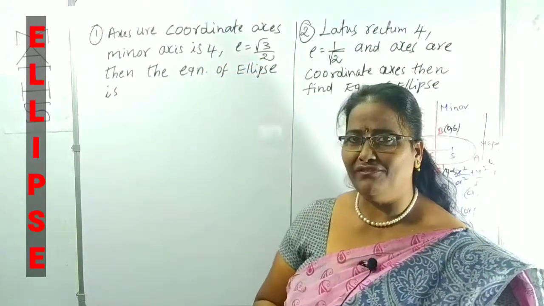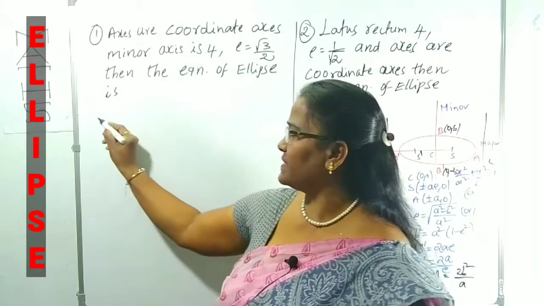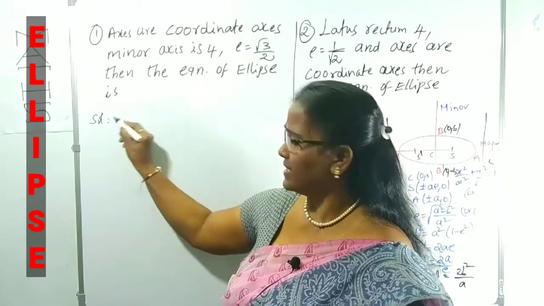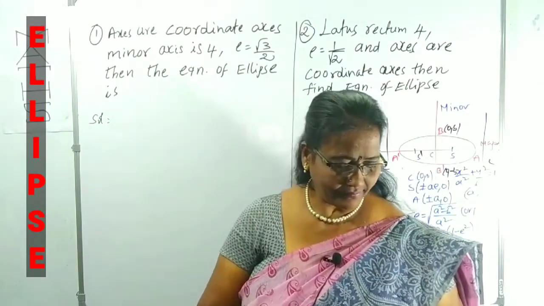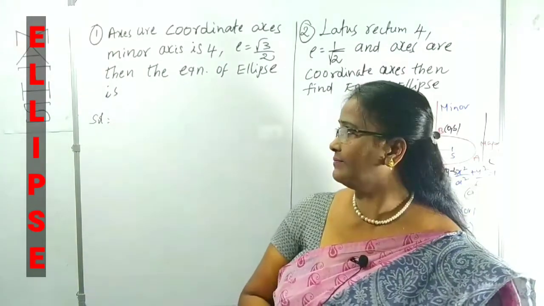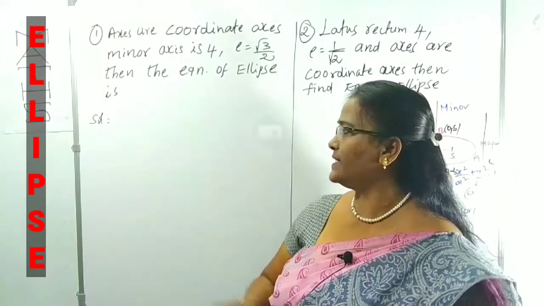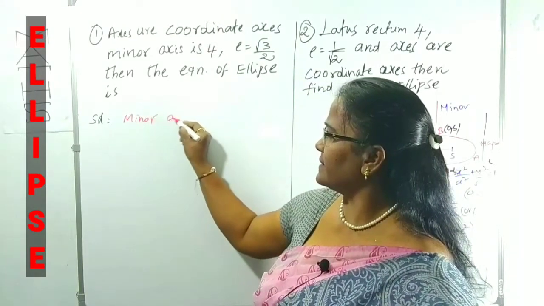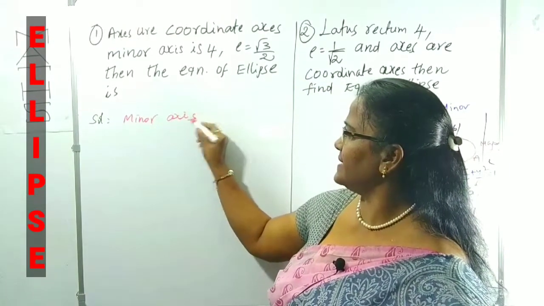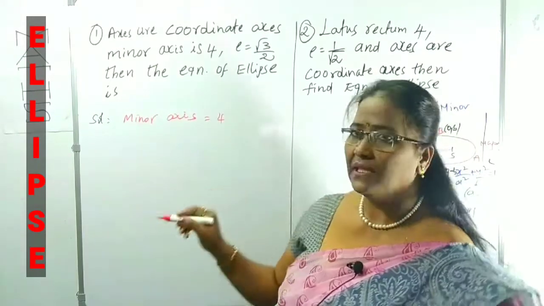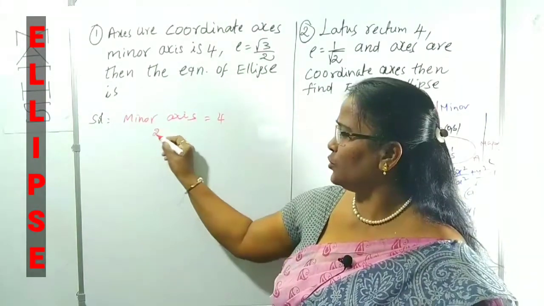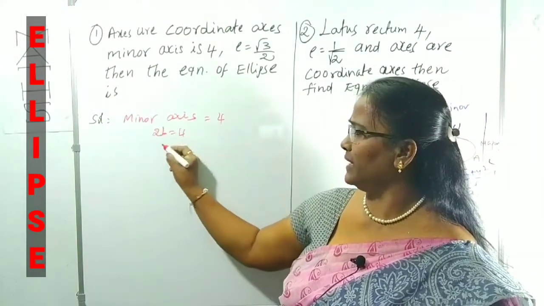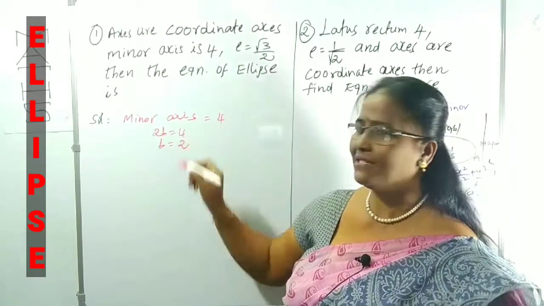Then the equation of the ellipse. Here two types of data are given. First one is the minor axis. Minor axis length is given as 4. That means indirectly 2b is 4, so b is equal to 2, right?